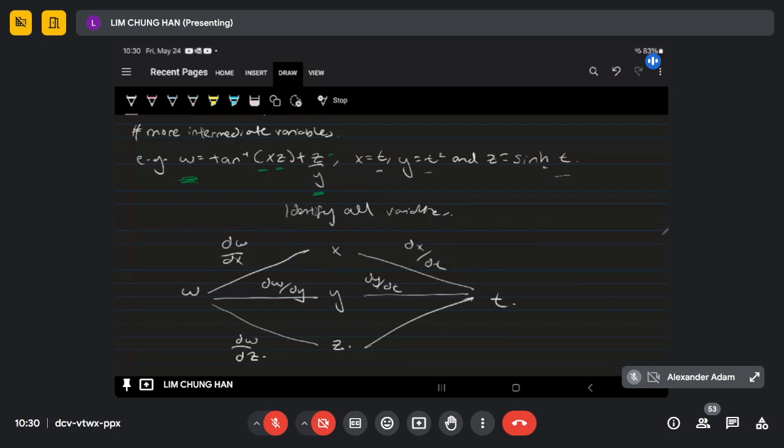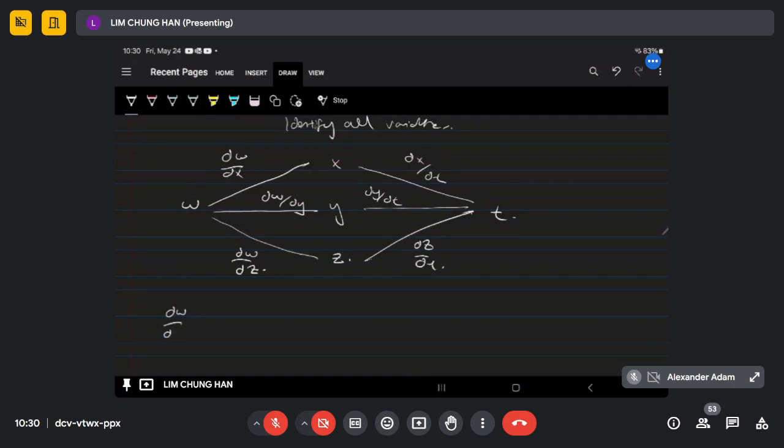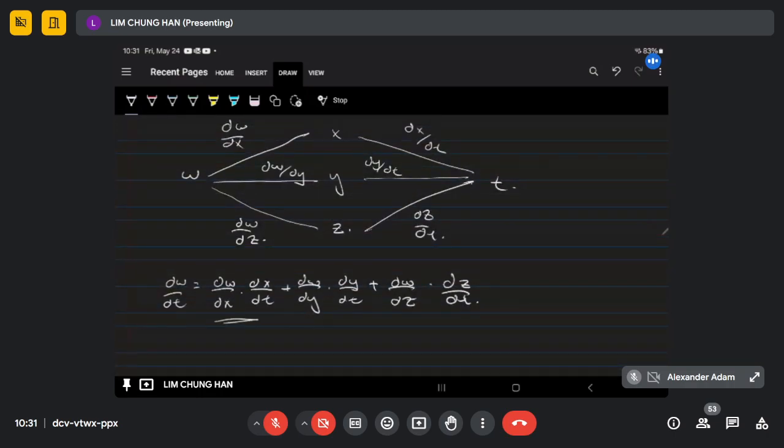To relate y with t, dy dt. To relate z with t, dz dt. So to get dw dt, you just multiply them together. Instead of just 2 branches, now you have 3 branches: 1, 2, and 3.